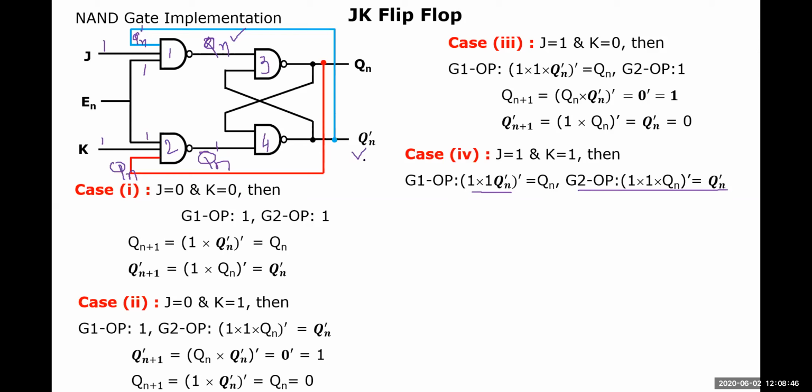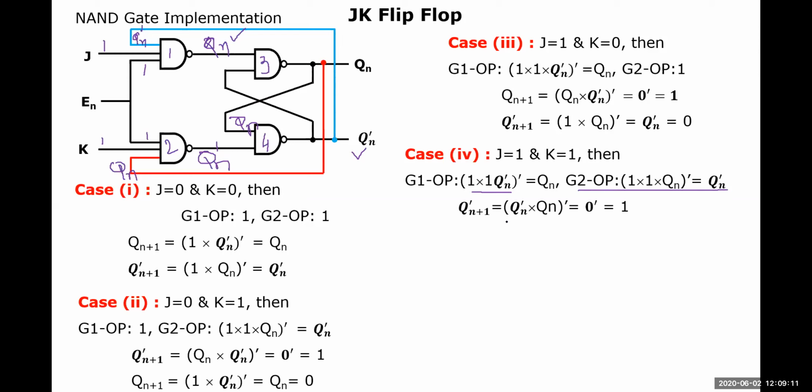Look at this, Qn plus 1 whole complement equals, so what are the inputs here? One input is Qn complement, which is already there with us from gate number 2. The second input is the Qn value taken as feedback to the second input of gate number 4.